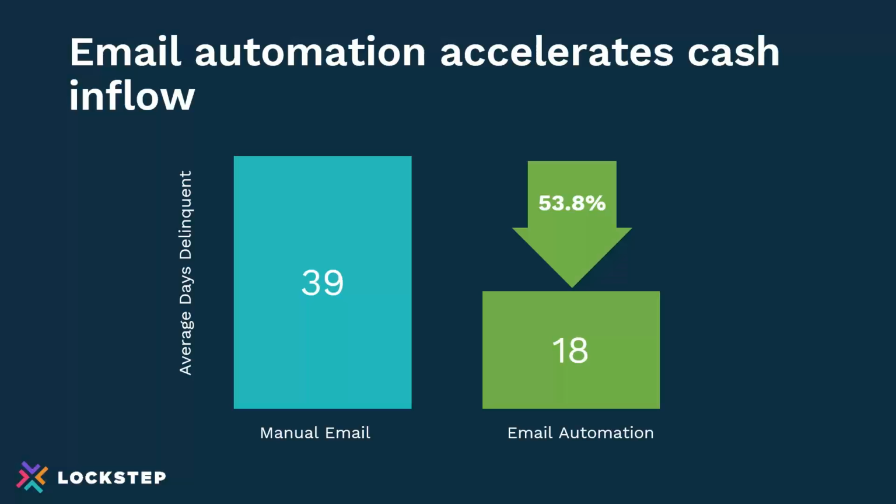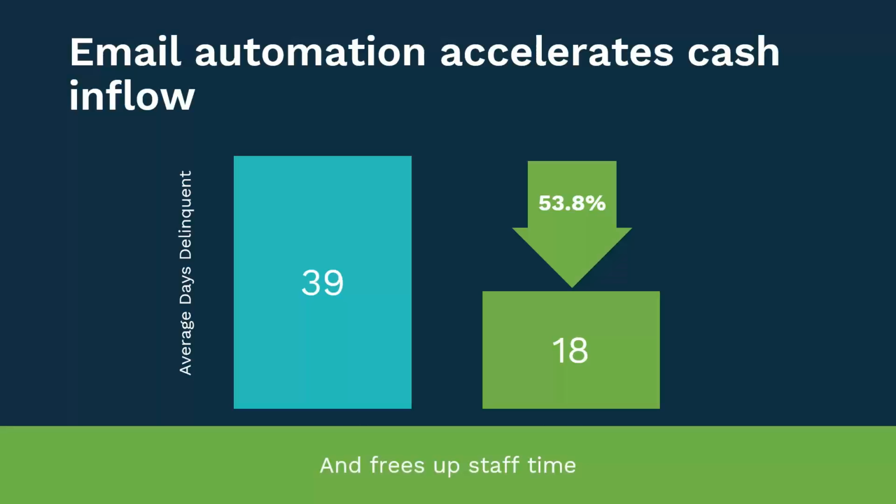Not only did it increase cash flow and working capital, but it also freed up a ton of staff time to focus on higher priority activities. So, are there disputes that need to be resolved? How do we create more white glove service for our best customers? All of those kinds of things can now be done because the staff time is freed up to focus on those priorities.